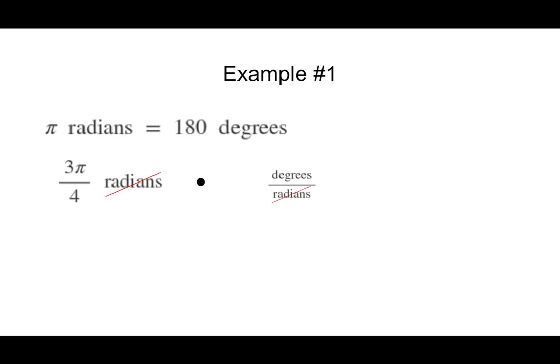If we remember the equation pi radians equals 180 degrees, we can make our ratio, 180 degrees over pi radians. Then we multiply across to get our degrees, which is 540 over 4 degrees. By dividing by 4 over 4, we can simplify our answer to get 135 degrees.